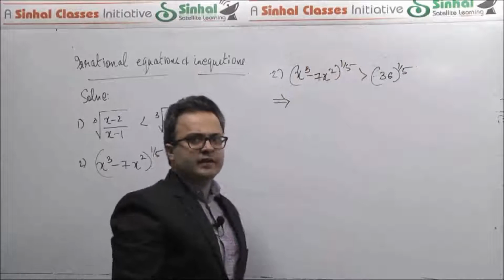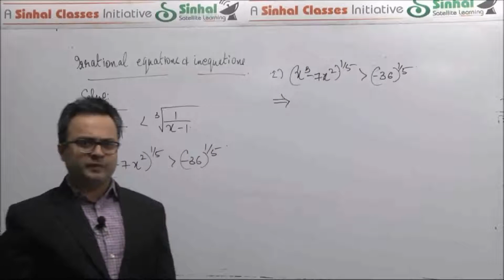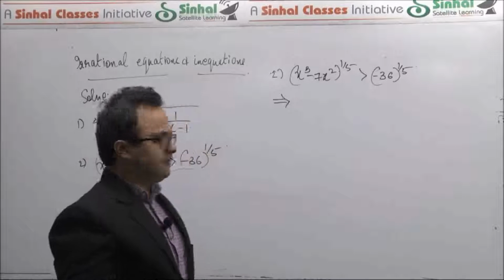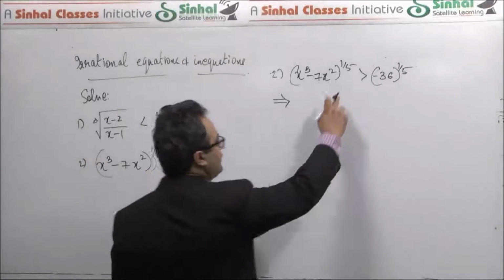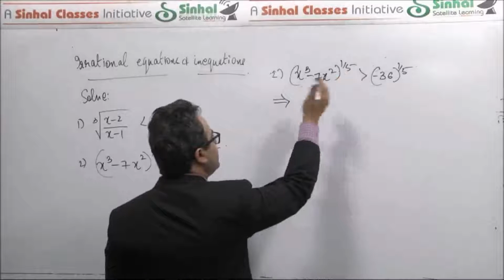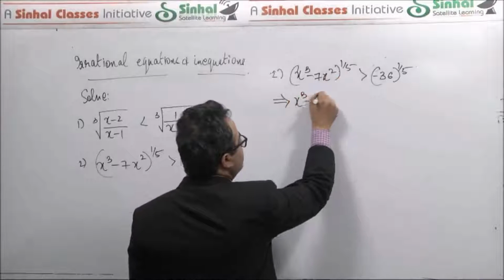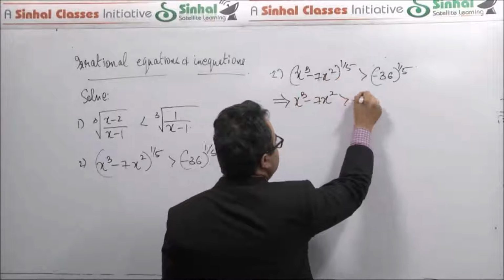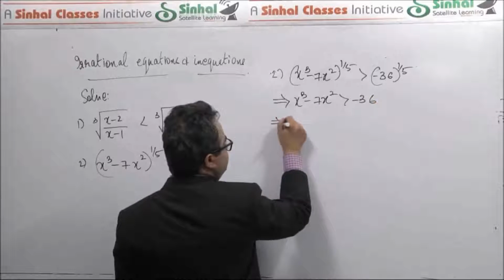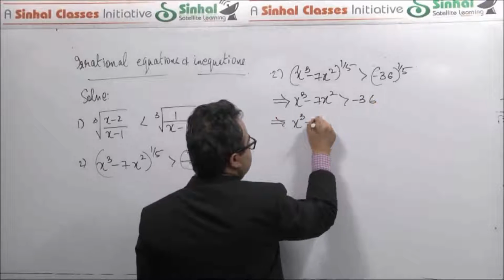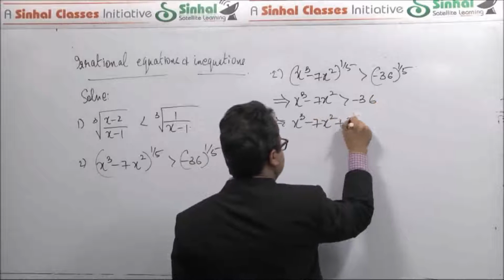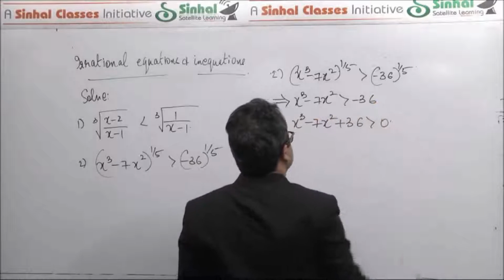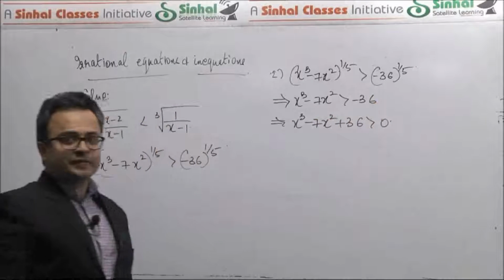So in the second one, again, instead of a cube root, we have a fifth root, but the basic principle still applies, since you have a 1 by n form where n is an odd value. So again, just simply raise both sides to the power 5. So now this is a cubic expression on the left hand side.